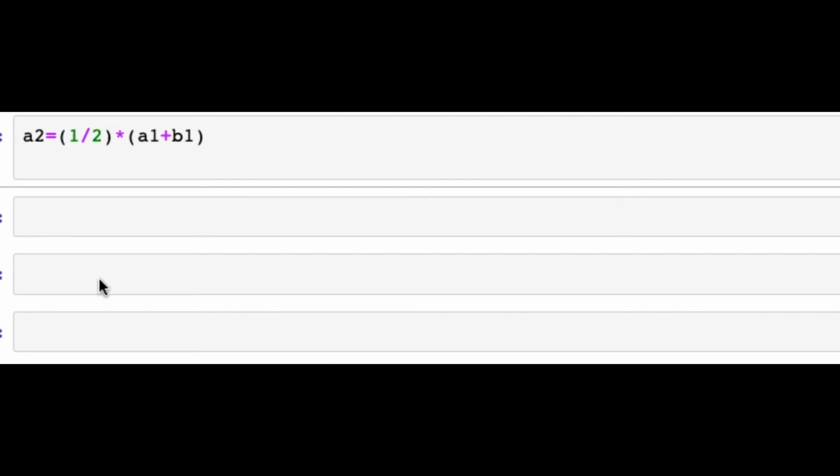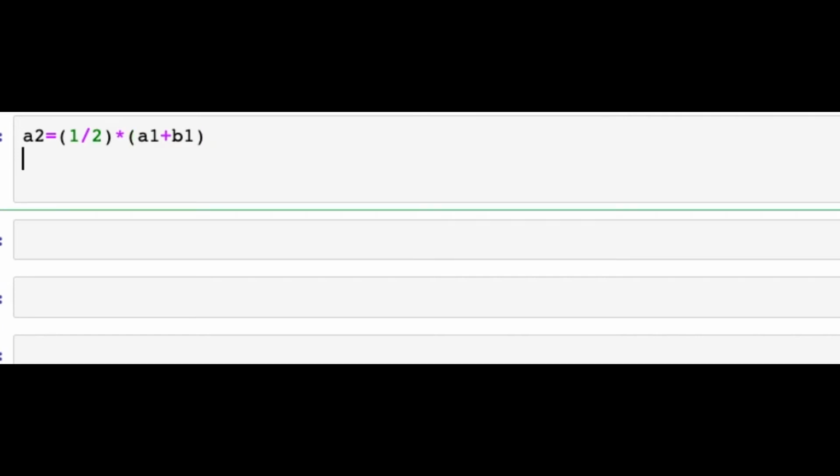All right, continuing. Now we've calculated A2 to be the arithmetic mean between A1 and B1. So we're going to calculate B2 to be A divided by A2. In other words, we're homing in on the answer.